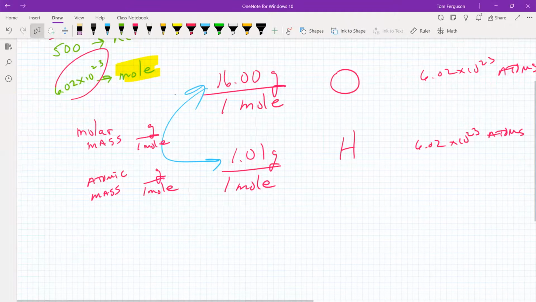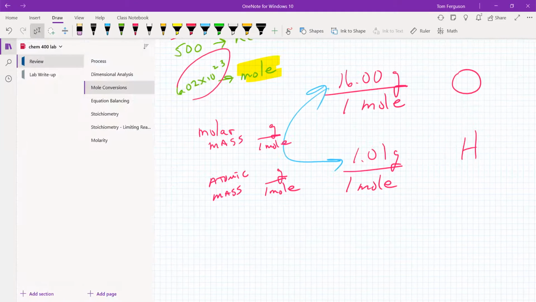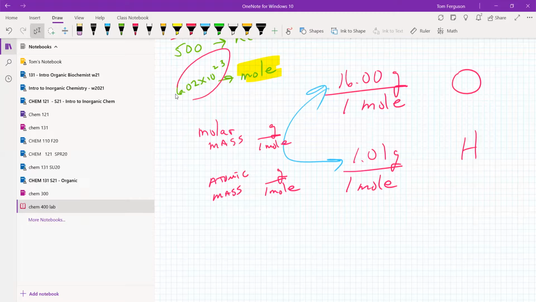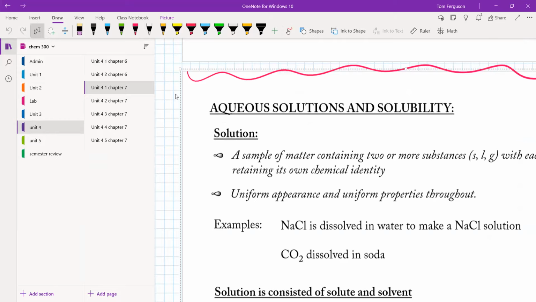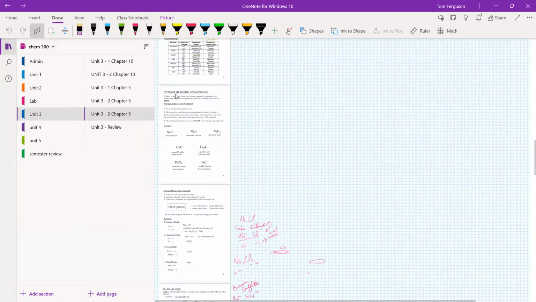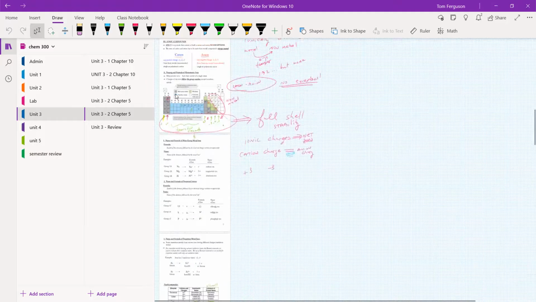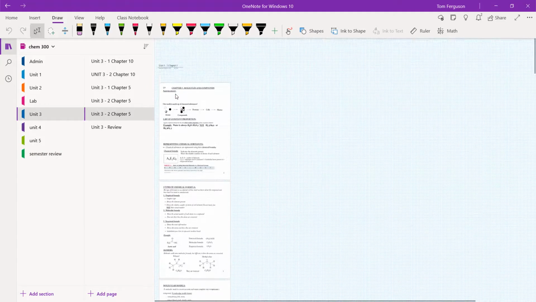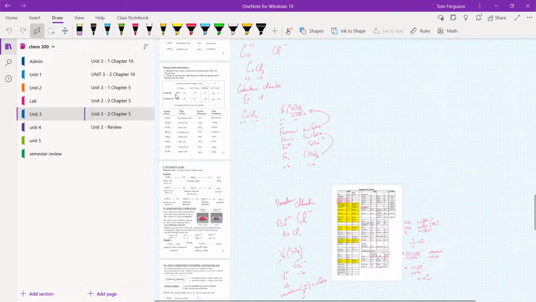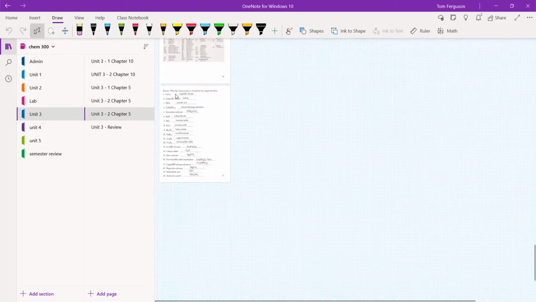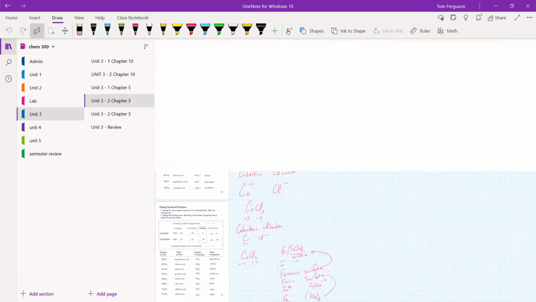So I need to go pick up a periodic table here really fast. I'm looking for a periodic table. Sorry, I should have picked that up before.